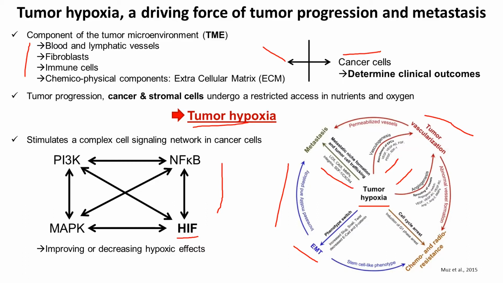Tumor hypoxia can also control cell cycle arrest, thus protecting from external stress, to confer radioresistance or chemoresistance by decreasing drug delivery within the tumor microenvironment or by altering their cytotoxic effect.